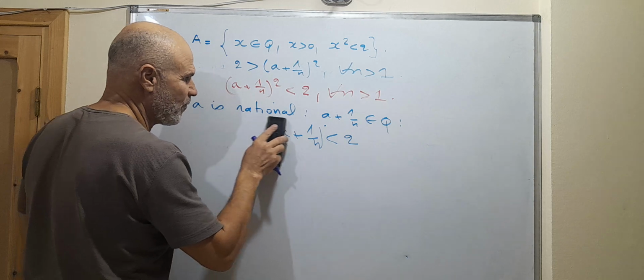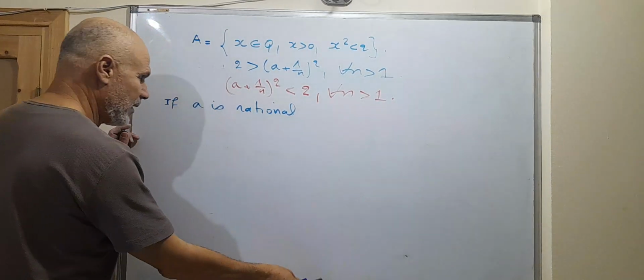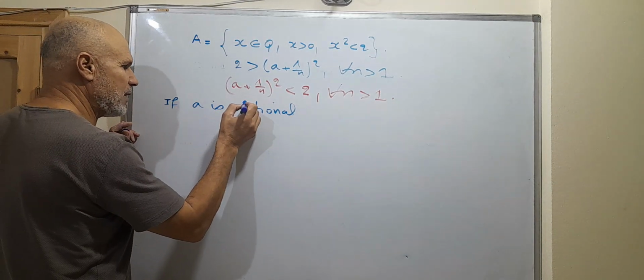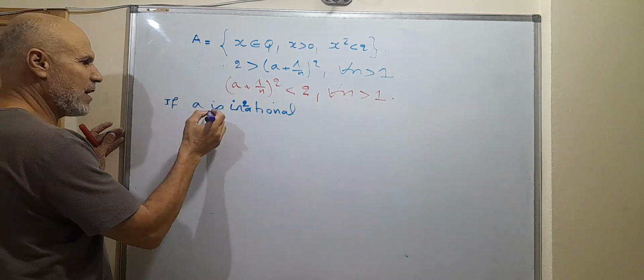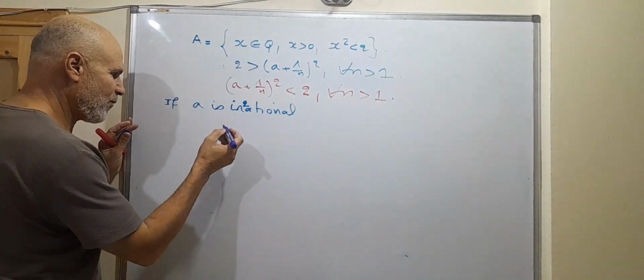This is not true. The second case is where a is an irrational number. So suppose that a is irrational. In this case, what do we have?